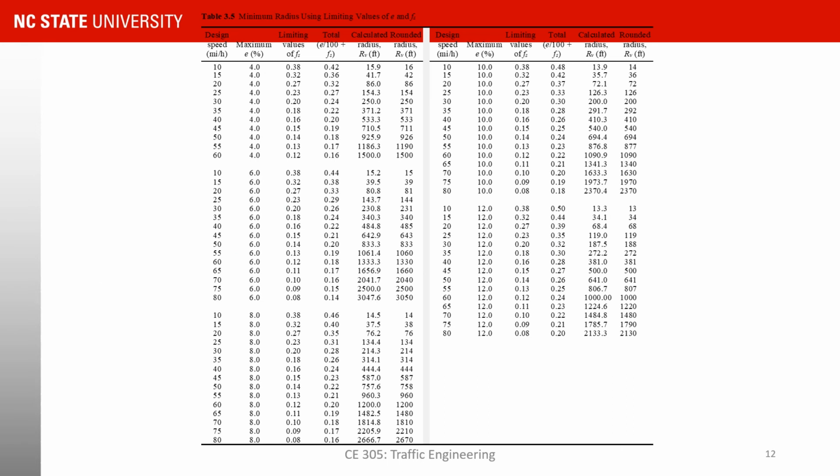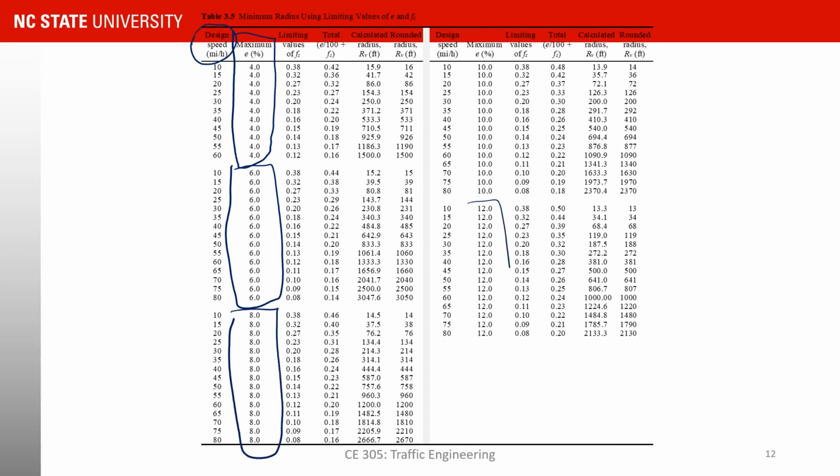So in this table, what you see is the design speed. In each part of this table, you see a certain value for super elevation.